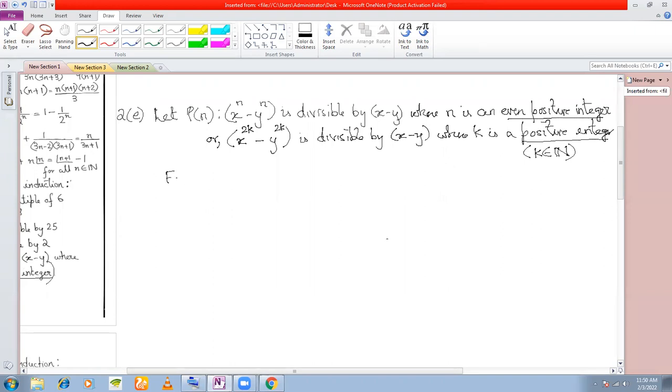So now we can start this. For k is equal to 1, you have x to the power of 2 into 1 minus y to the power of 2 into 1 is equal to x square minus y square, which can be written as x plus y into x minus y, right? Which is divisible by x minus y because it contains x minus y as a factor.